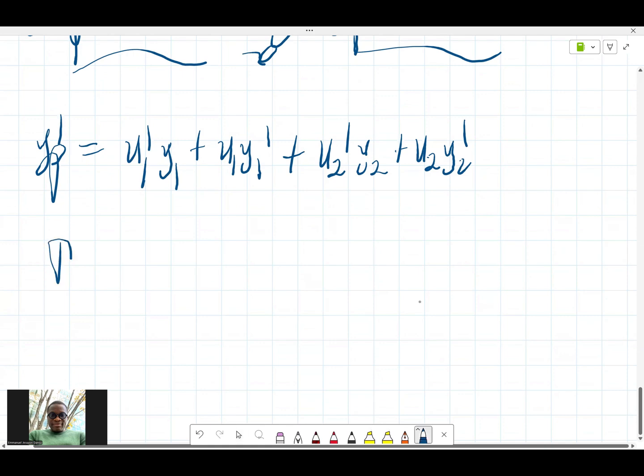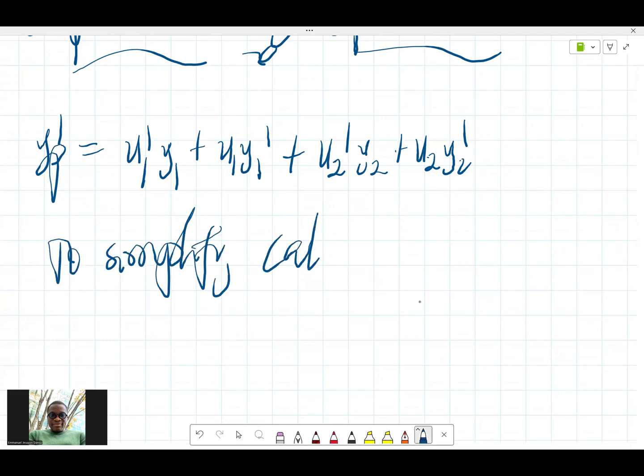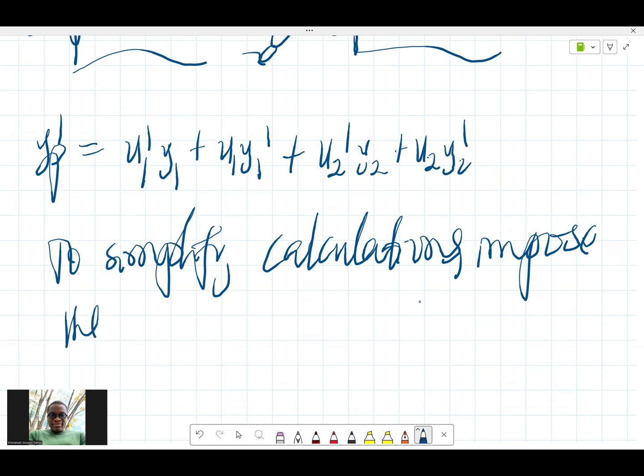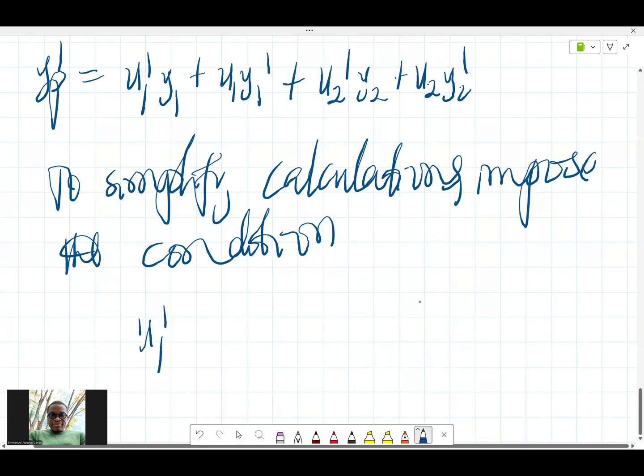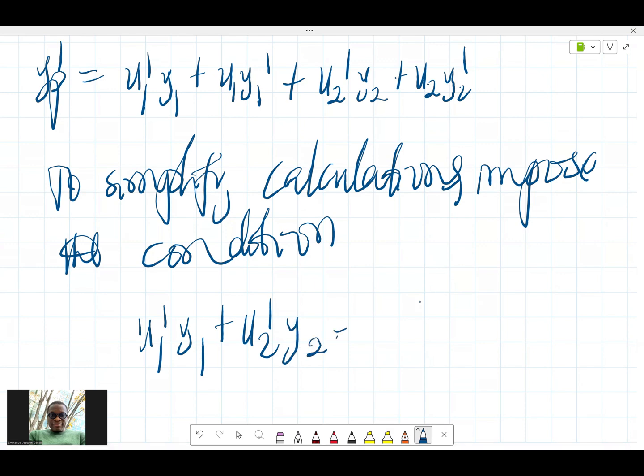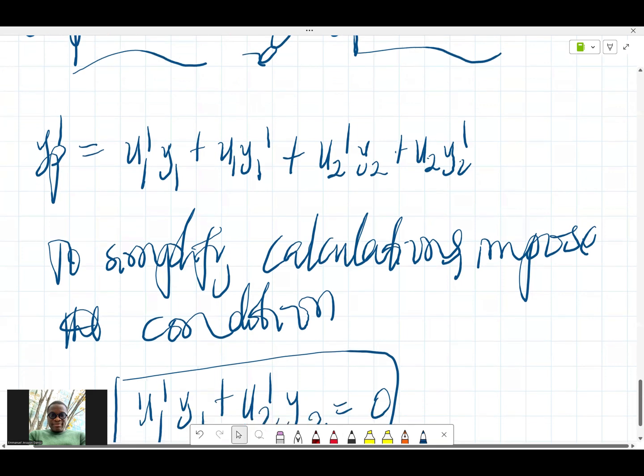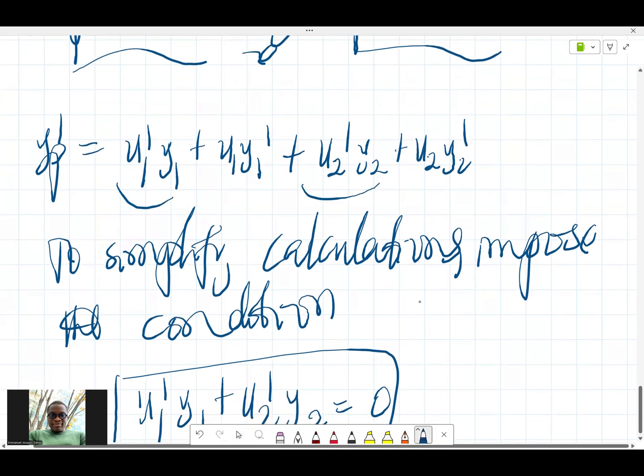The next thing is to simplify calculations. So you impose the condition that u1 prime y1 plus u2 prime y2 is equal to 0. Okay. So what we are simply saying is that u1 prime y1 and u2 prime y2 add up to 0.